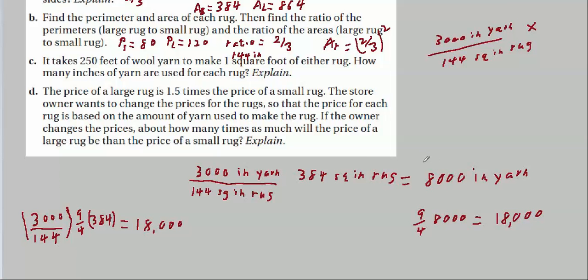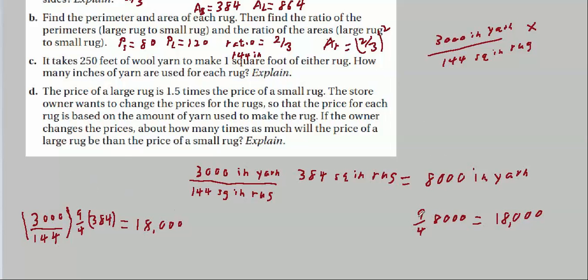So this and this part without the 9/4 would give us the 8,000. And then 9/4 of that will give us the 18,000. So you could do it either way. You could recognize that the ratio of the areas is going to be the square of the ratio of the sides, and just use that number right there.